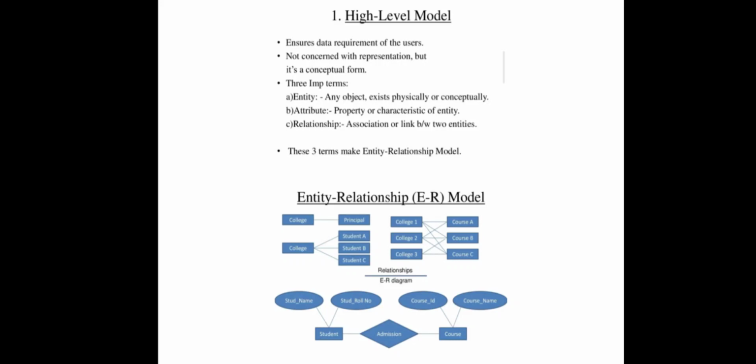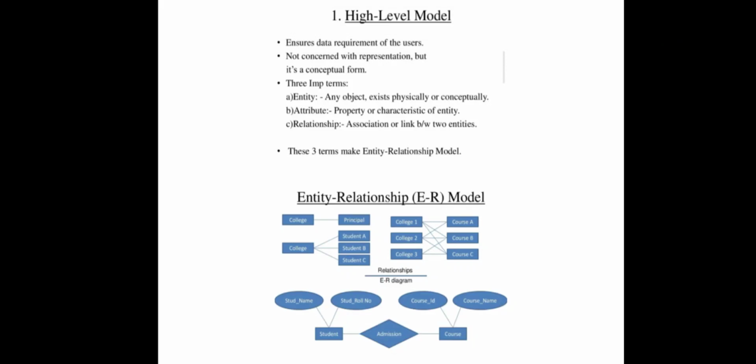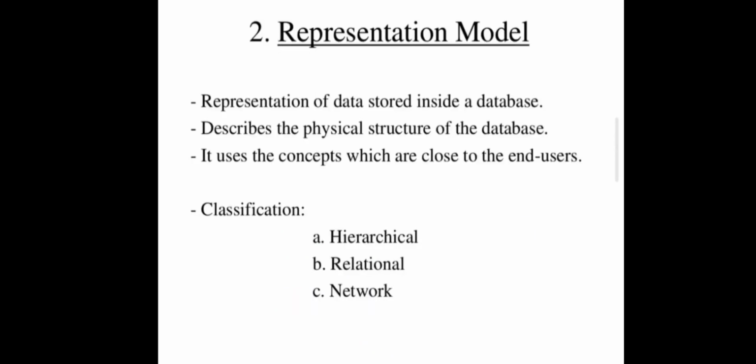That is the ER diagram. Student and which course, student name, student roll number, all the data stored in a student form, and course, which course the student will apply, course name, these are all the course data details. Is it clear?